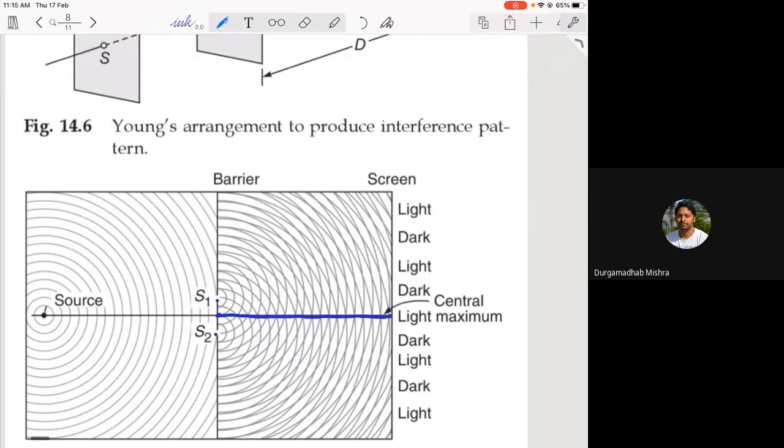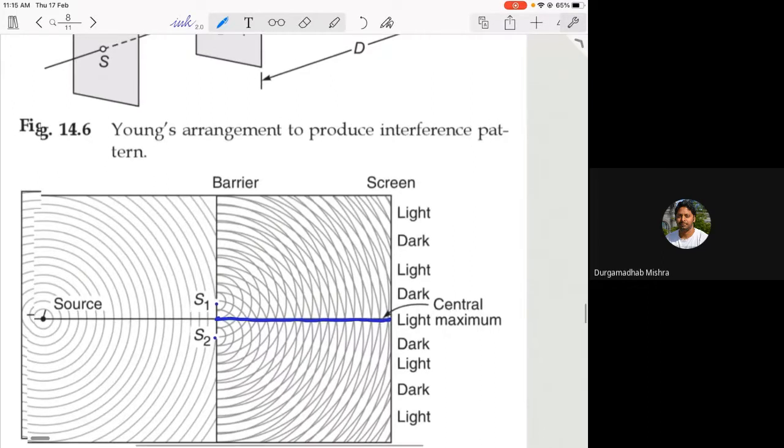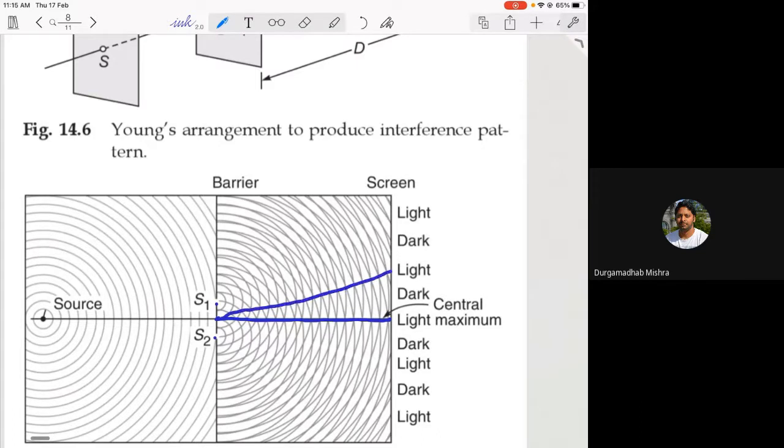Now if I take another direction, let me draw that. If I draw this direction here, in this direction also there is an addition of the displacements, and the waves are in phase. Okay, that means crest meets crest and trough meets trough.